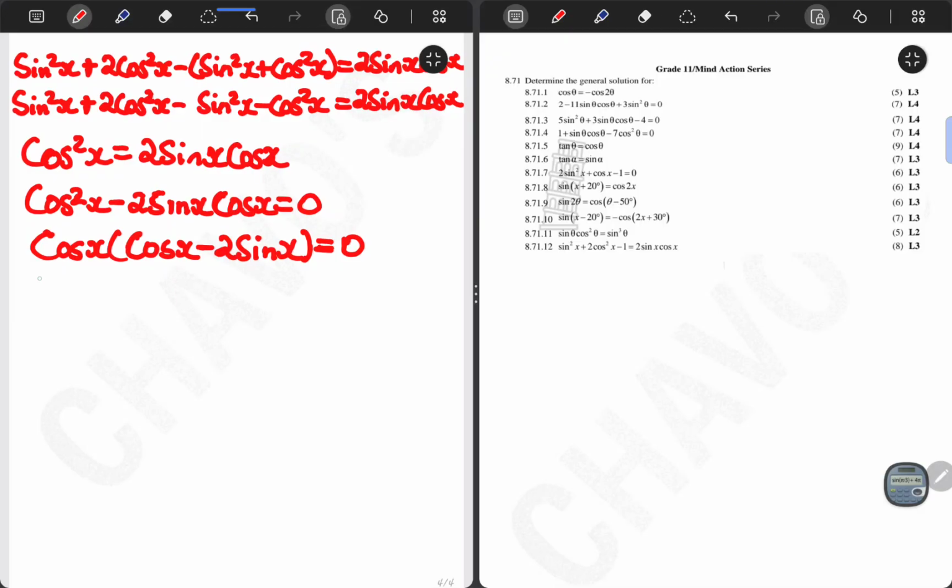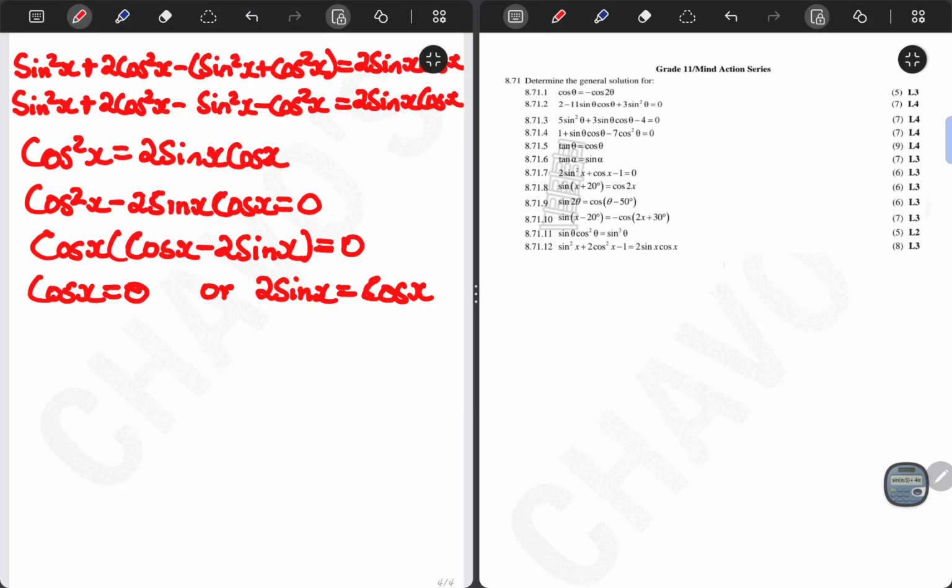This is what I'm going to have. Then from there, cos equals to 0, or 2 sine equals to cos. I've written this nicely.